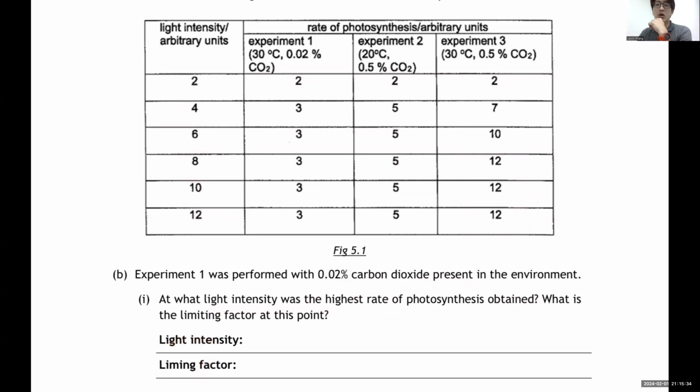It's one of the other two. So it's between light intensity, what else and what else? Temperature and carbon dioxide concentration.